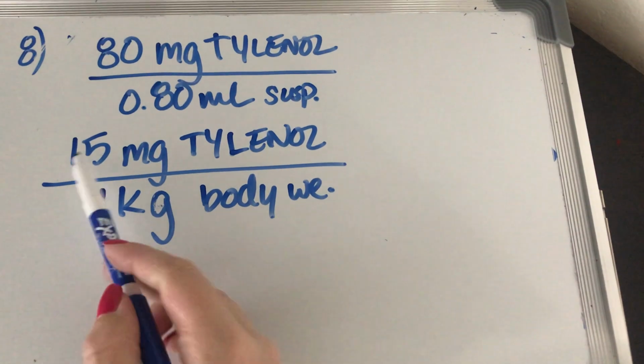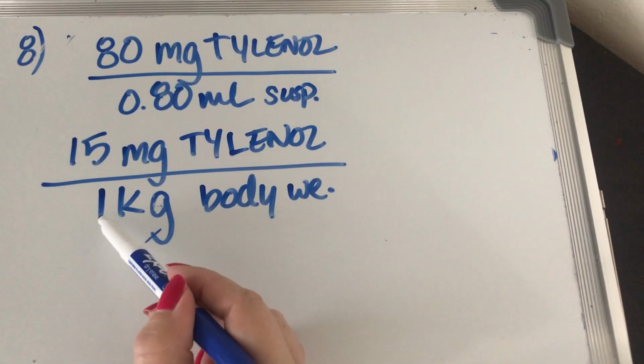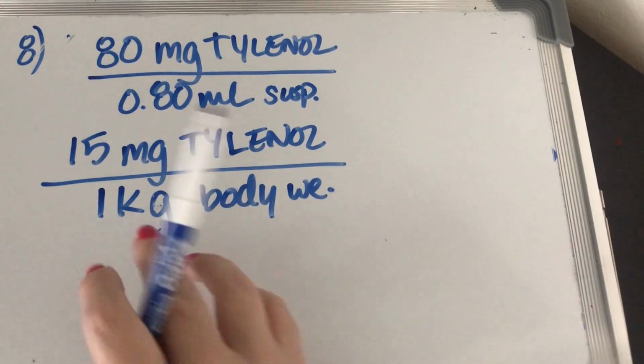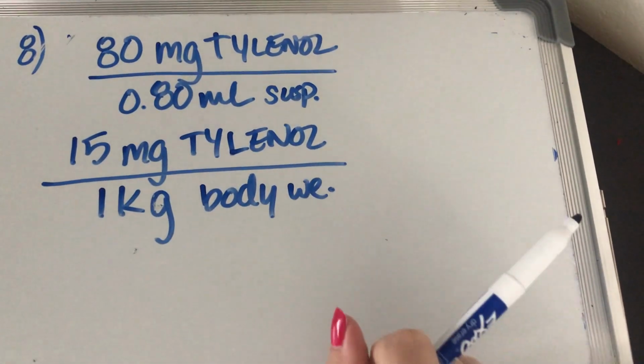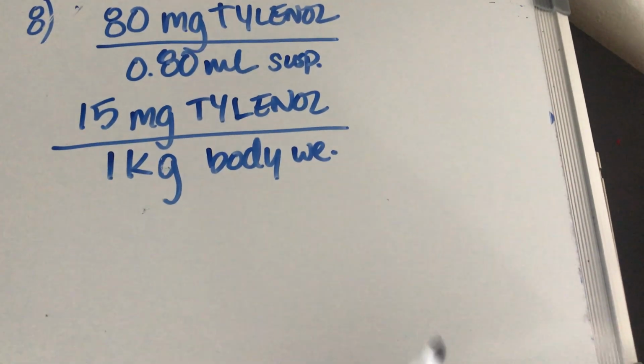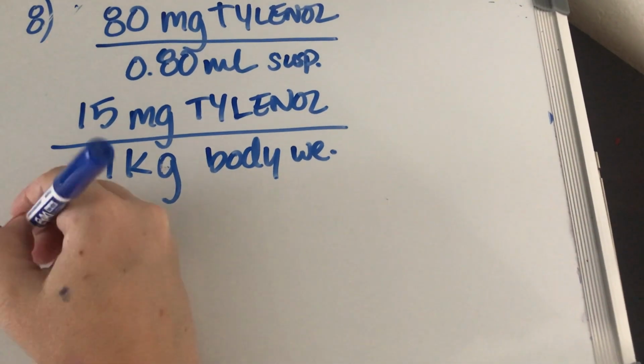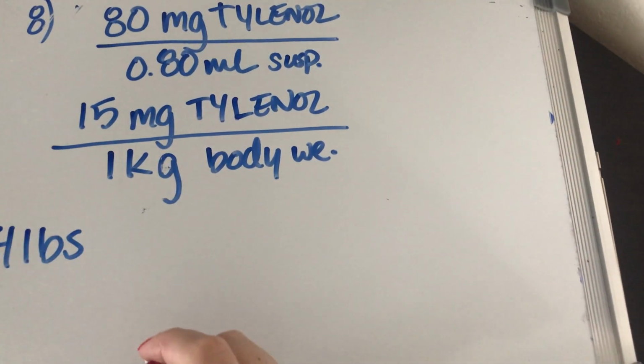Now, it didn't say 15 milligrams per 1 kilogram, but I think it's helpful to put the 1 here as a placeholder, right? Is everybody comfortable with that? Cool. And then I know I have 14 lbs.